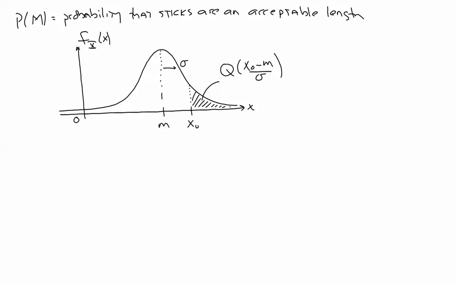If that range right there is delta, and I have another point right here, which we'll call x1, where x1 equals m minus delta, then that area right there is also, by symmetry, Q of x naught minus m over sigma.